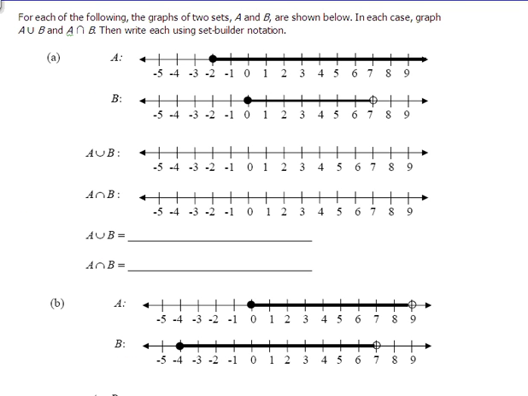The examples on the back just kind of ask you to apply some of this learning to different situations. So if you look at the first example, example A, what we're supposed to do is graph and then write each of the intersection and the union separately in set builder notation.